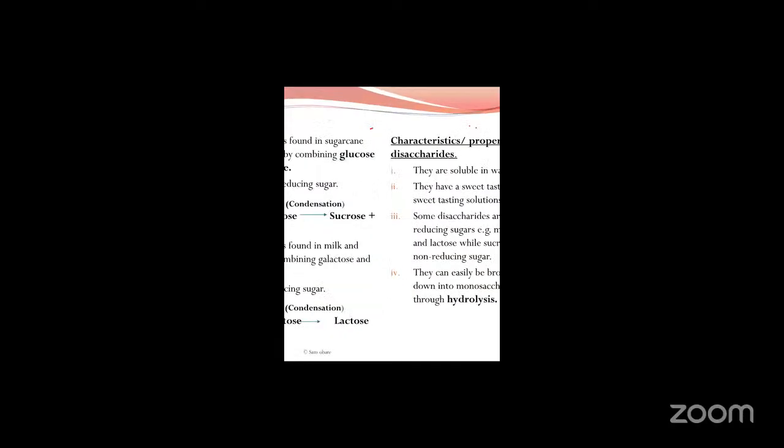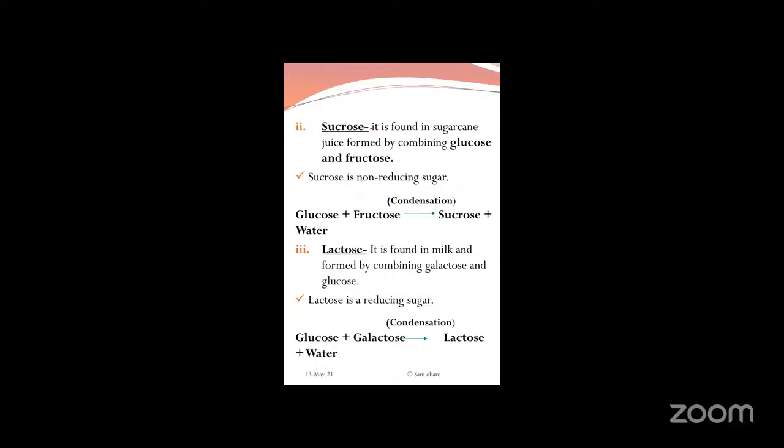So if we have understood how we form disaccharides, let us talk about properties of disaccharides. Before we even check the properties, there's something we can tell about the characteristics without even confirming anywhere. Now we said sucrose is found in sugarcane. So sugarcane juice is sucrose. Now, how does sucrose taste? Is it sweet?